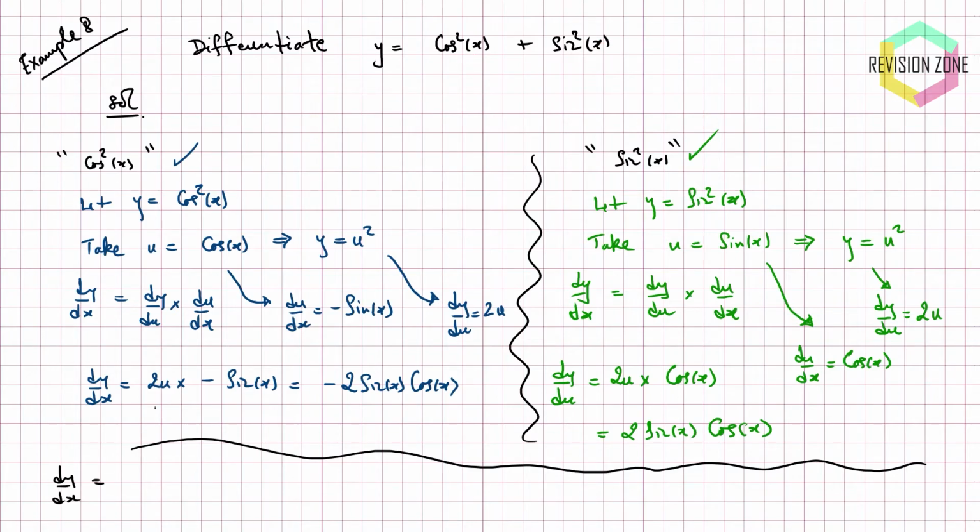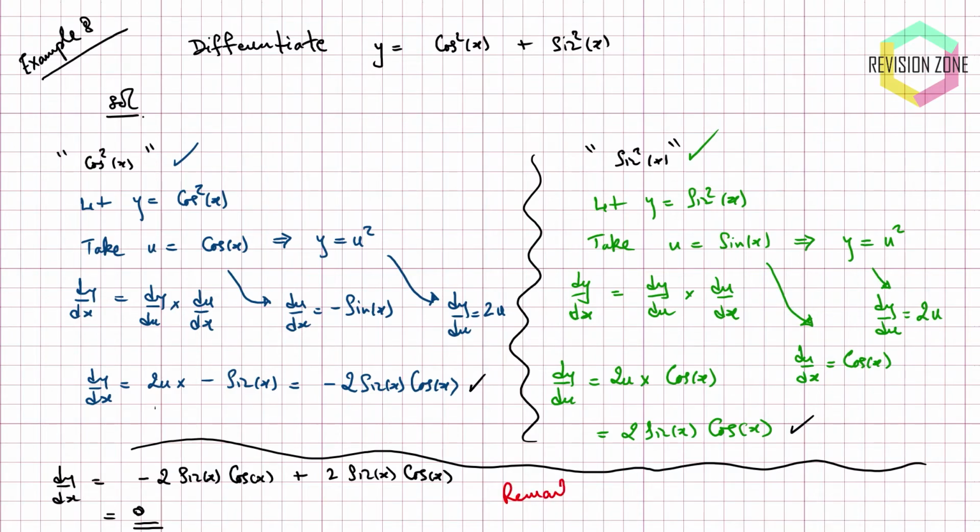We know what the derivative of the first function is, we have that here, so it's going to be minus 2 sine x cos x. And the derivative of the second function, we have that here, which is going to be plus 2 sine x cos x. And of course, the two cancel to give that the derivative is actually 0. And we shouldn't really be surprised by this.